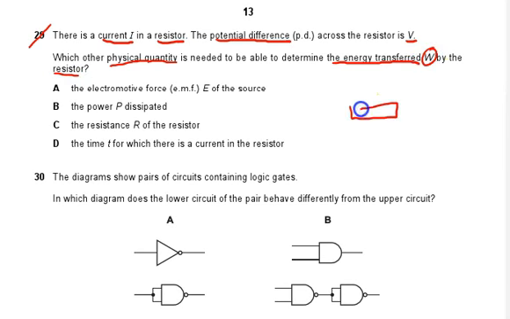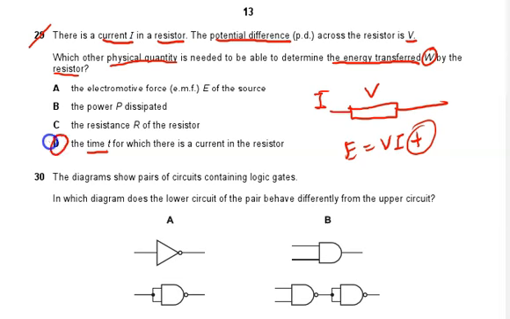So we have here the current I and also the V. To measure the energy, we need to have V, I and T. So we are missing this T, the time t for which there is a current in the resistor. So we need the time.